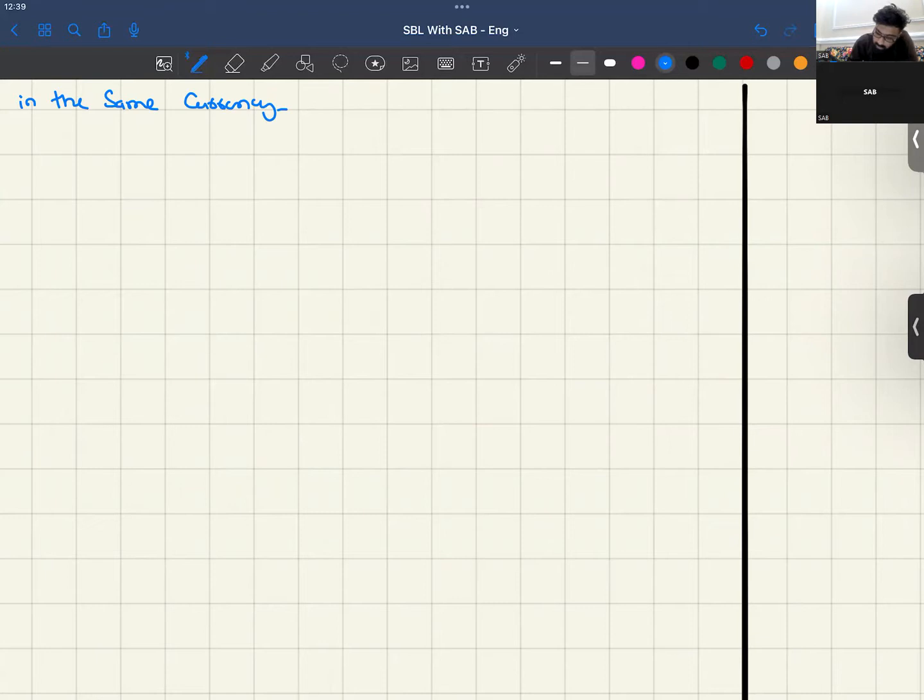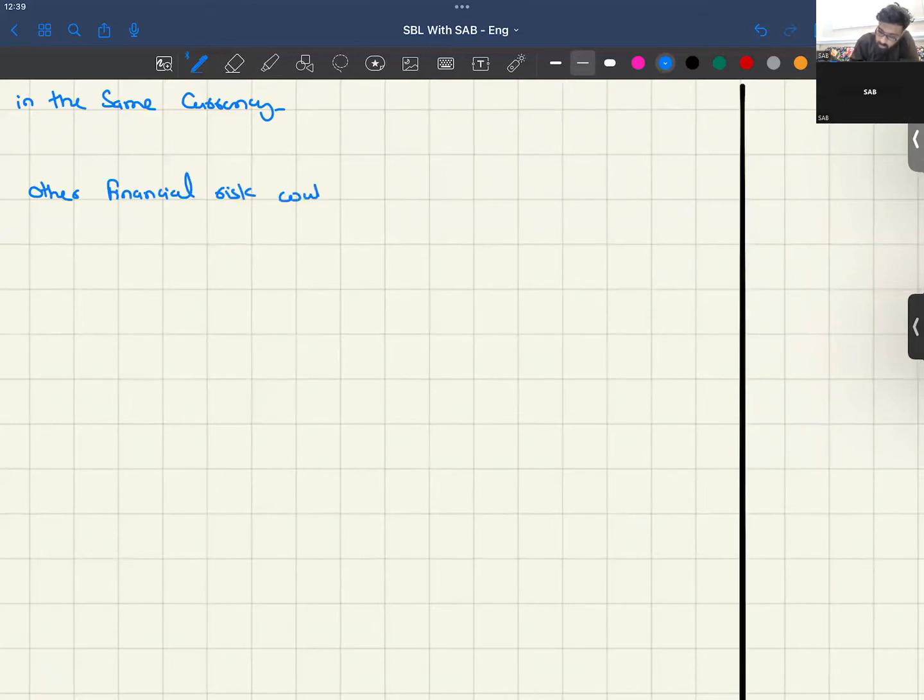Other financial risk, one more para. Other financial risk would be breaching of covenants attached to loans, right?